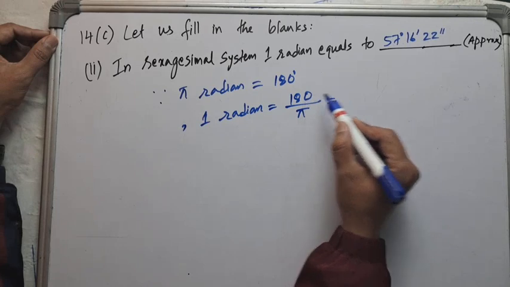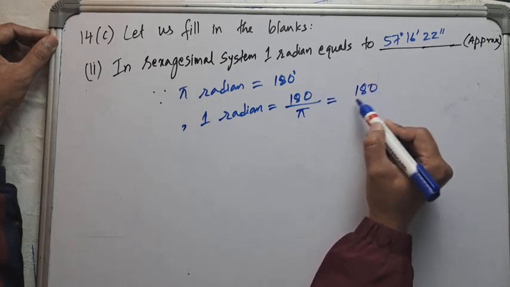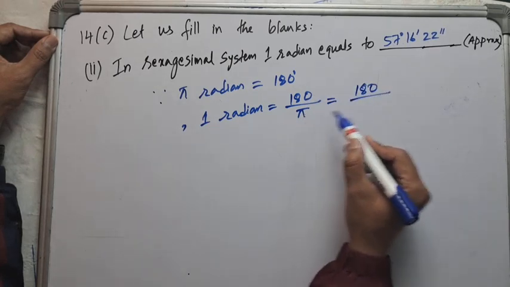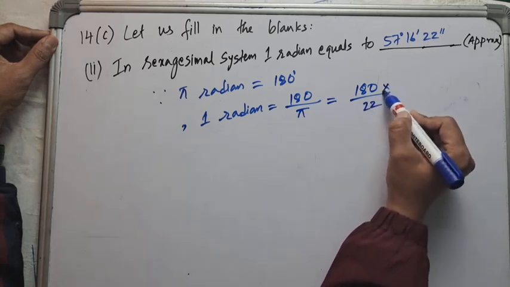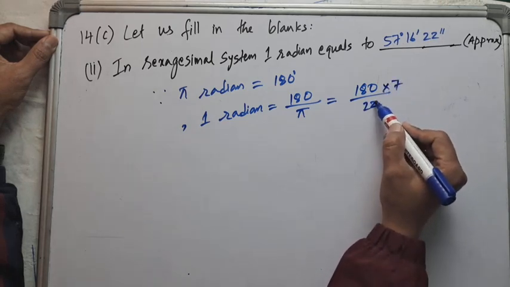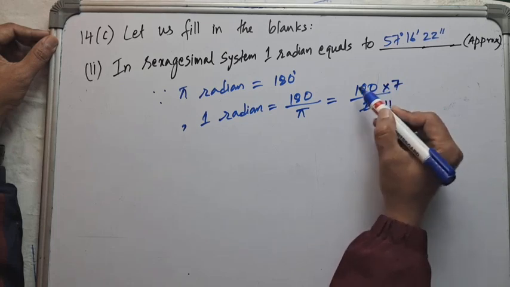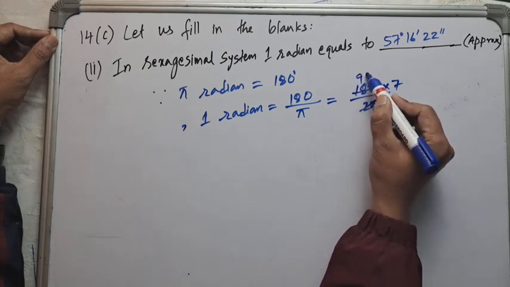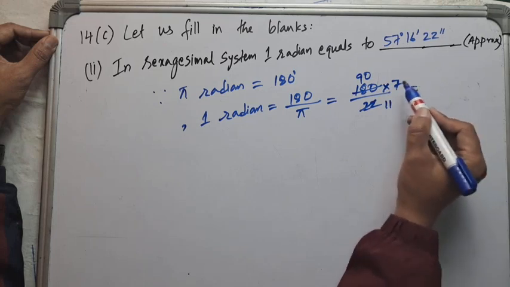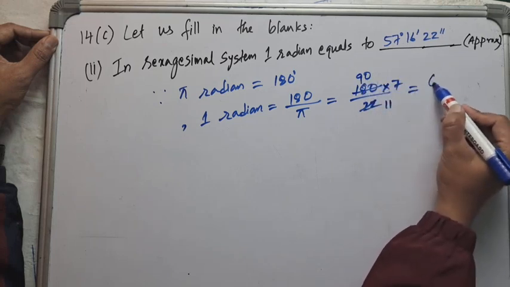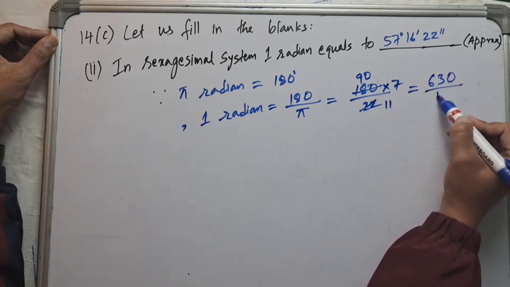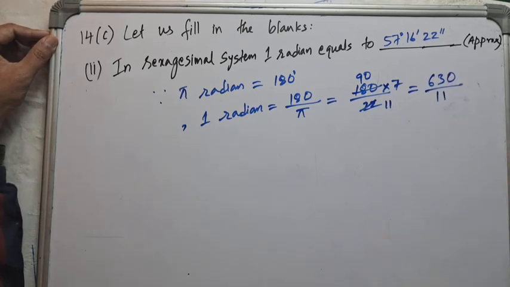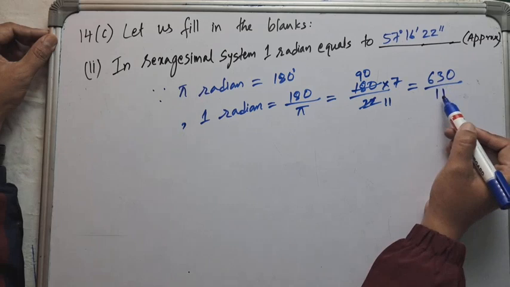So this becomes 180 upon pi means 22 upon 7. So 2 11s are 22, 2 9s are 18, 2 0s are 0. This will give us 7 9s are 63. This 0 we write here, 630 upon 11 degrees, isn't it? 1 radian equal to 630 upon 11 degrees.